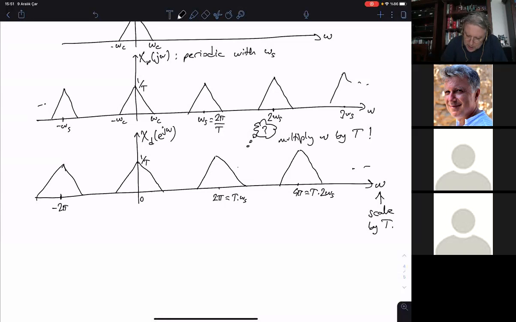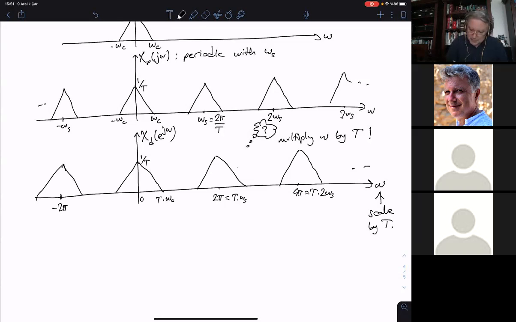Clearly, this point changes. This is not ω_c anymore. It is capital T times ω_c, unfortunately, because I have scaled the whole frequency axis, so it's not at ω_c anymore, that cutoff frequency of the original continuous time signal. It is capital T times ω_c.